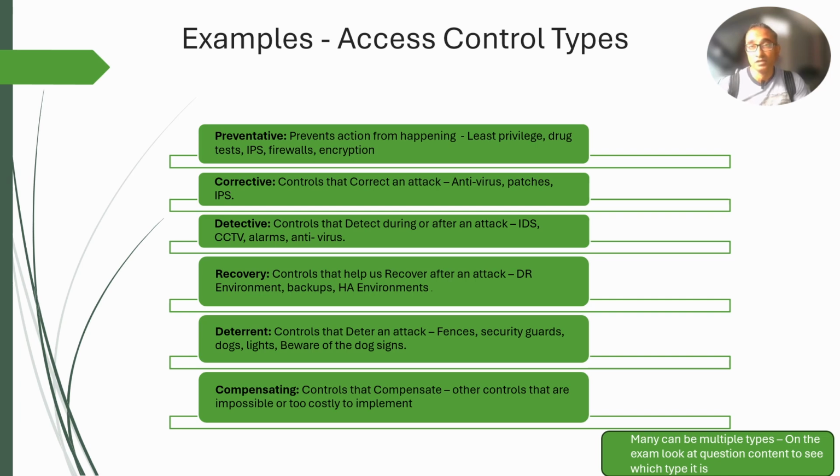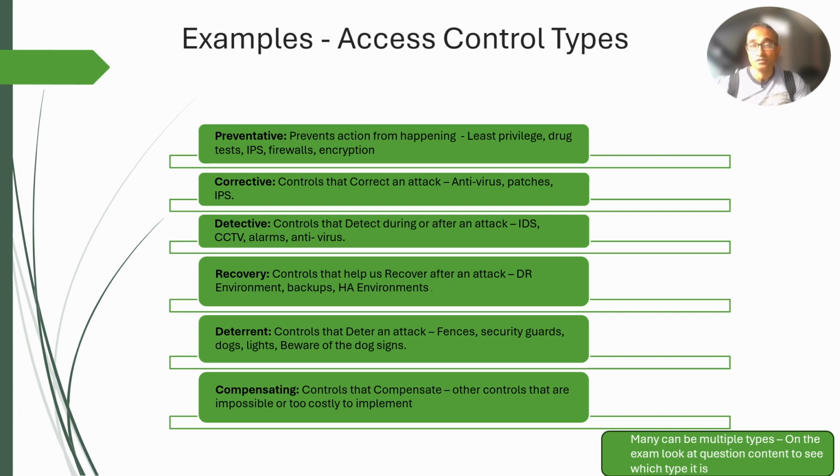Deterrent controls are basically to give a message to an attacker that it is a deterrent to attack or to engage in unlawful activities. So, for example, putting a notice board in front of your gate that unauthorized access is not allowed. Should you do that still after reading, you are liable for a lawful case.